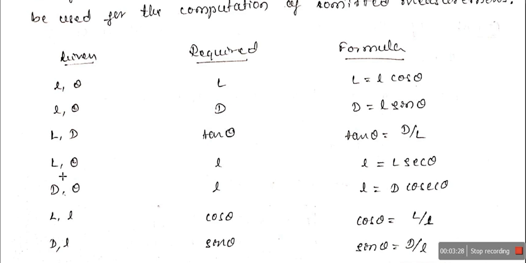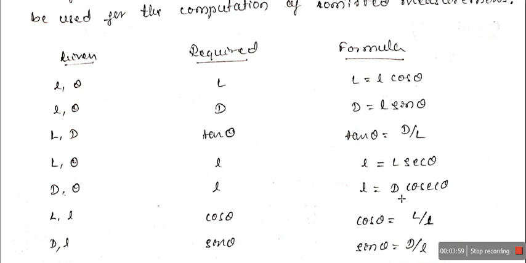Similarly, if they have given the latitude and the direction of that line, we have to find the length of the line by simplifying this formula. We get small l equal to capital L divided by cos theta. 1 by cos is sec theta, so we can write small l is equal to capital L into sec theta.